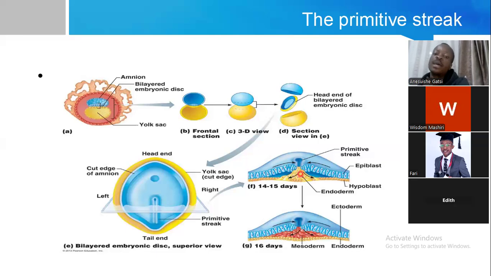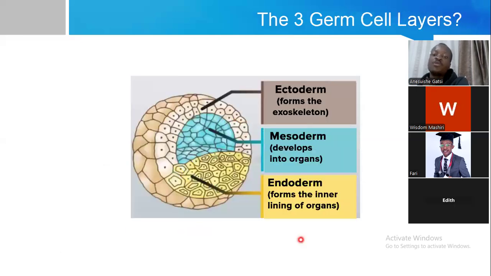So we have an epiblast, then we have a hypoblast, then we now have the primitive streak. Now, day 15, 16, we're going to start having invagination of those epiblast cells into the primitive streak. And when they start to invaginate, you're going to form 3 germ layers, right?